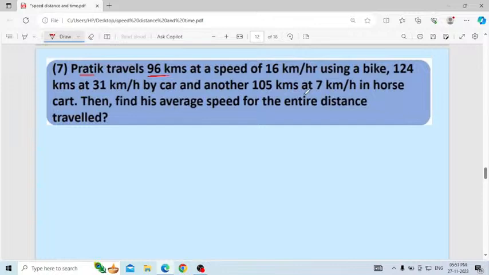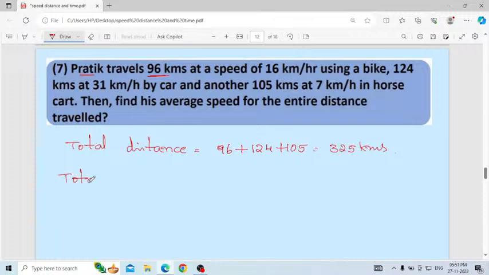Then find the average speed of the entire distance traveled. Very easy question. Write the total distance here, add all the distances. Here they have given 3 cases. Add all the distances, 96, 124, 105, it will be 325 kilometers. Simplification I will not explain more because I know you are very good at simplification.